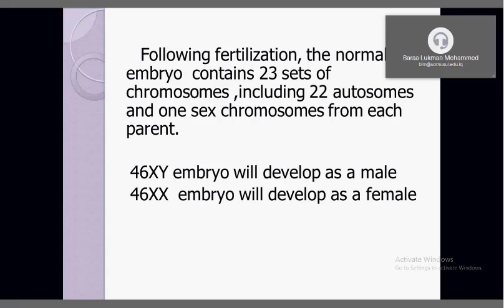Why the difference with this Y chromosome? The presence of the Y chromosome guides the development of the embryo into male, while its absence guides its development into female. Although it is really not only the absence of the Y chromosome.